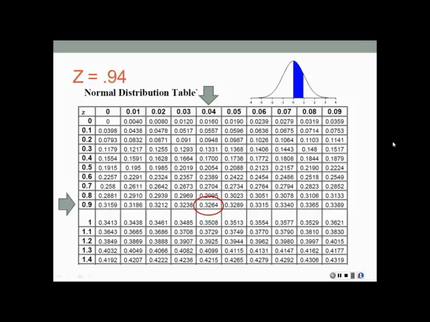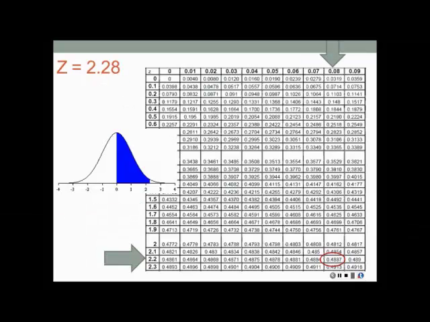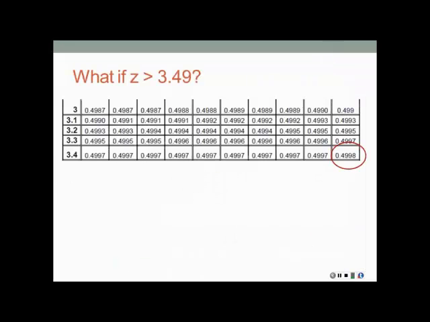That probability is 0.3264. For 2.28, you can see that we have the area from a point right at the mean to a point that's 2.28 standard deviations above the mean. So what if z is 3.49? If you're looking at your z-table, that's as far as this z-table goes.